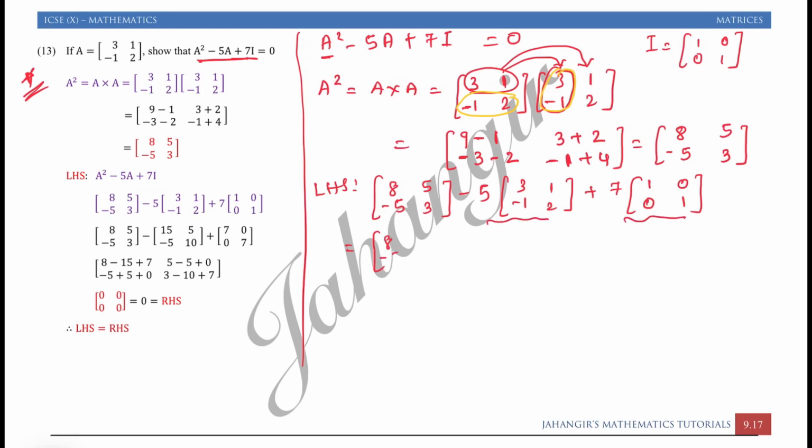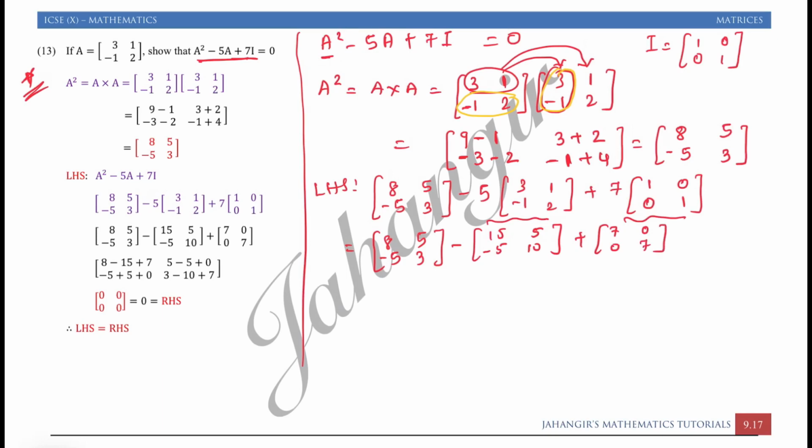So 8 minus 5, 5 3, minus 5: 3 5s are 15, 5 1s are minus 5, 1 5s are 5, 5 2s are 10, plus 7 0 0 7.